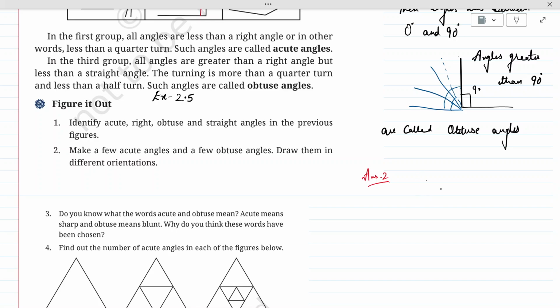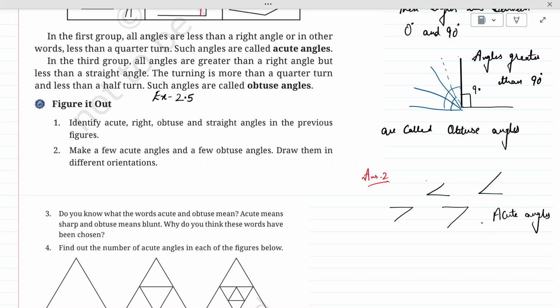So if this is 90, we have to make lesser. This is 1, this is 1. Then in different orientations we have to make, this is 1, then this is 1. These are our acute angles.